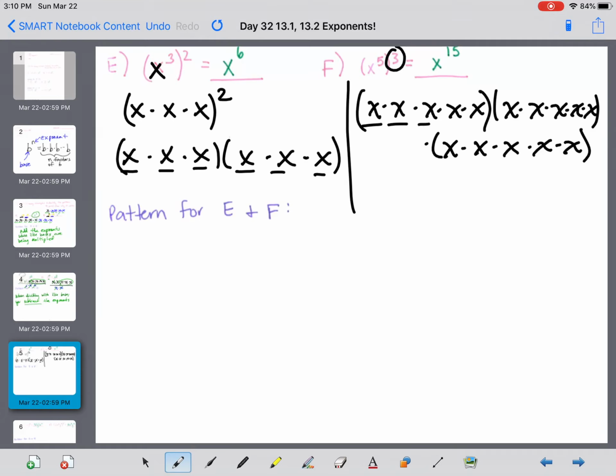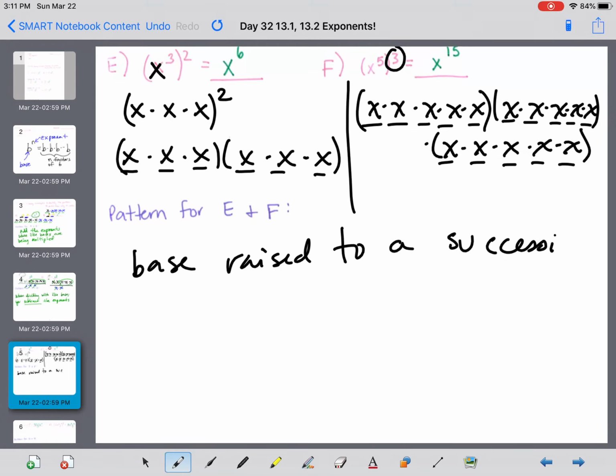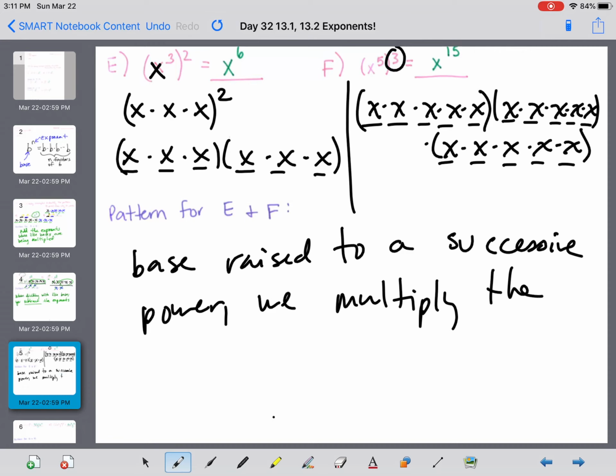So we have 1, 2, 3, 4, 5, 6, 7, 8, 9, 10, 11, 12, 13, 14, 15. So x to the fifth raised to the third power would give me x to the 15th. So our pattern here for E and F is that when we have a base raised to a successive power, we multiply the exponents.